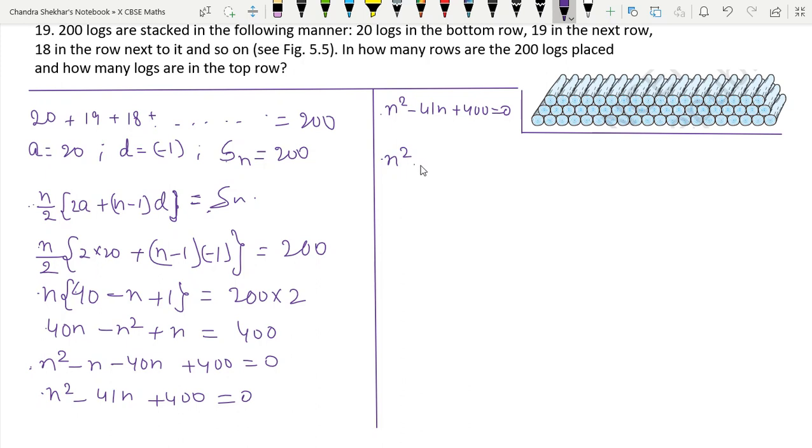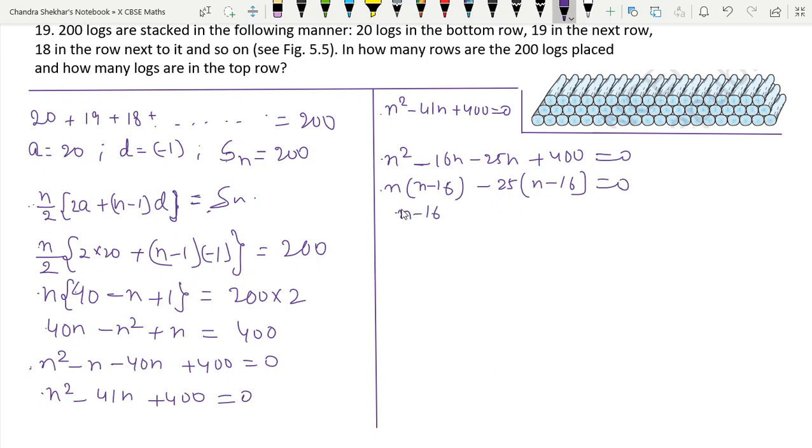Yes, sir. n square minus 41n has to be broken into two parts so that the product is 400. So 16n and minus 25n plus 400 is equal to 0. n taken common, so n minus 16, minus 25 taken common, n minus 16 is equal to 0.